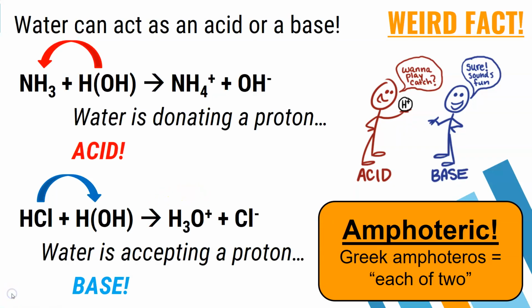Okay. There are other things that can do this. Water is just the most classic example. All right, I'm going to put up on the next slide some acids and bases, and I would like you to try to decide if it's an Arrhenius acid or base, Bronsted-Lowry, or Lewis.